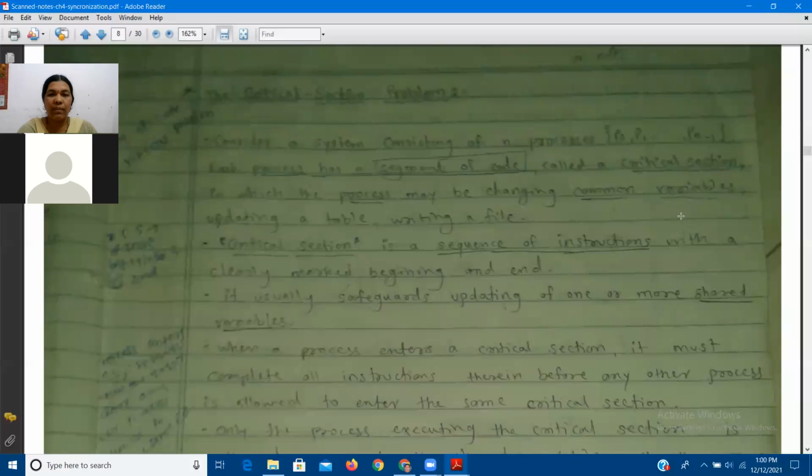So if P1 is there and P2 is there, P1 is able to enter its critical section. P2 is not able to enter the critical section of P1, or P1 is unable to enter the critical section of P2, like that. So that's why they need to use their own critical section.